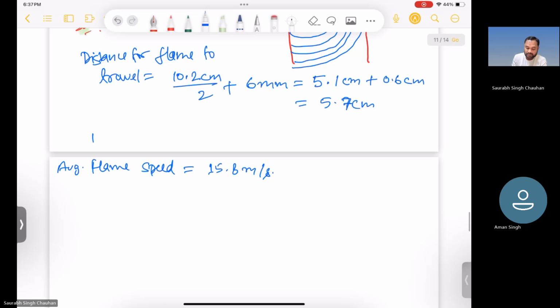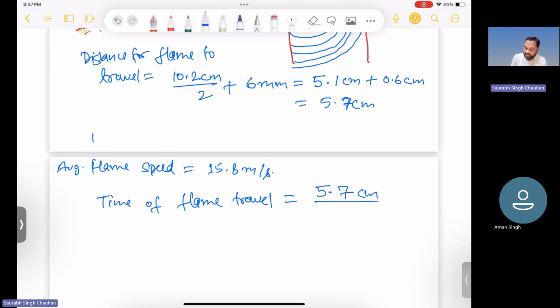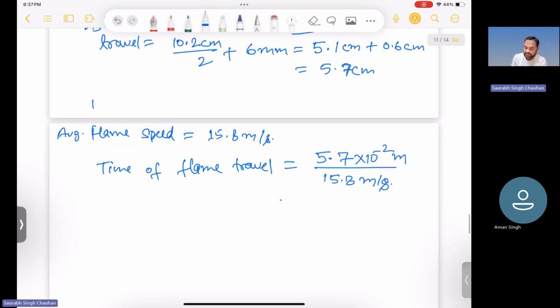Okay. So now we have distance and we have speed. We can calculate the time, right? So you can calculate time of flame travel. It will be distance 5.7 centimeter divided by 15.8 meter per second. So just convert this into meter. So we'll get the time.